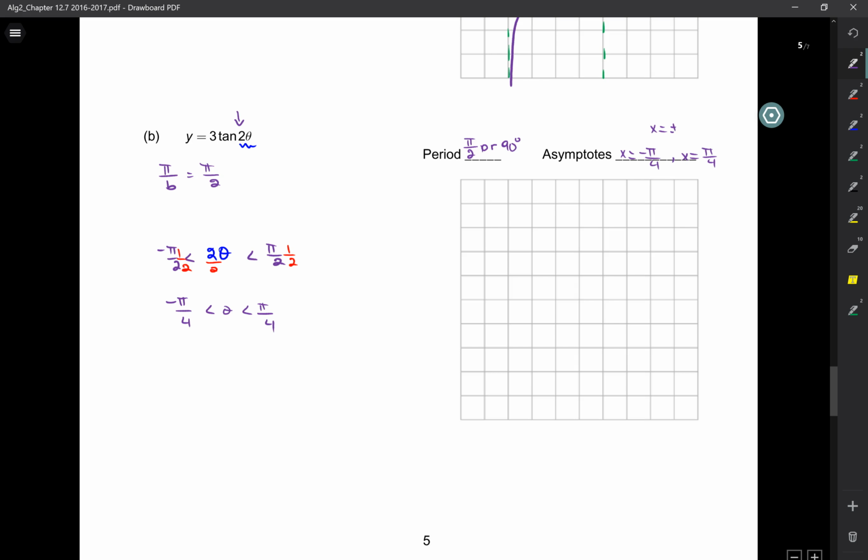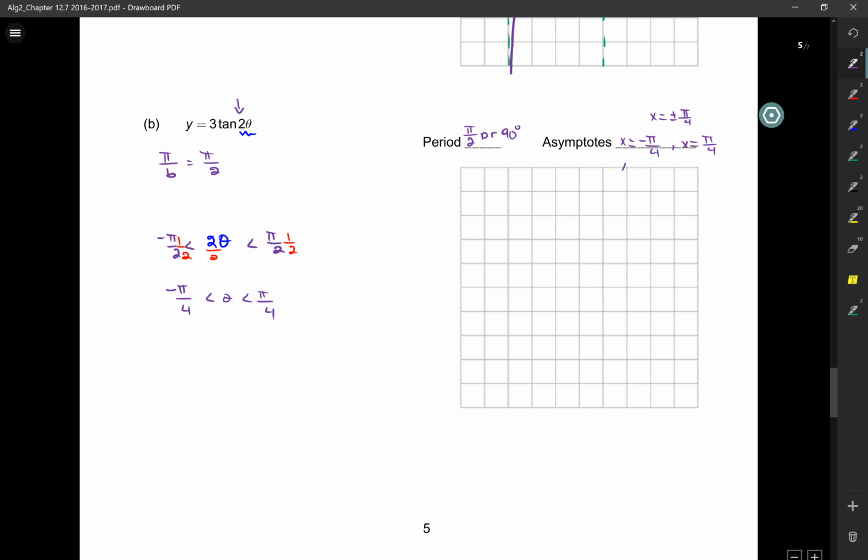Or in degrees, this is x equals negative 45 and positive 45. So for this one, let's work in degrees and not in radians. All right, here's my x-axis. We're going from negative 45 to 45. And at those 2 points, I have asymptotes. Same deal all the time.